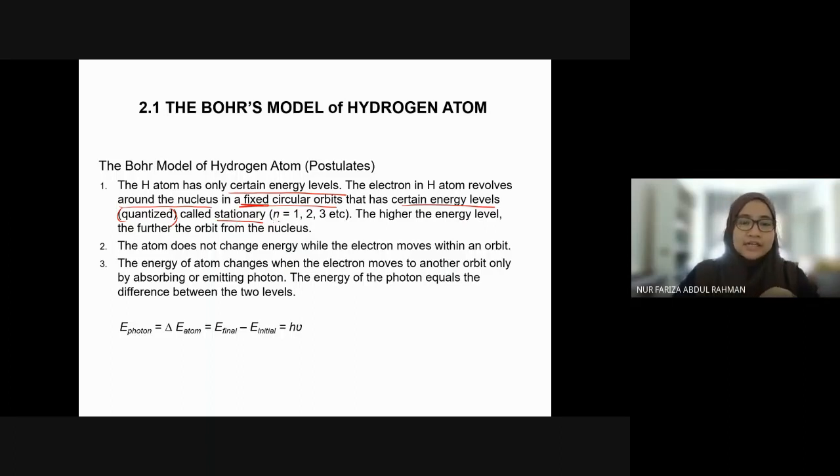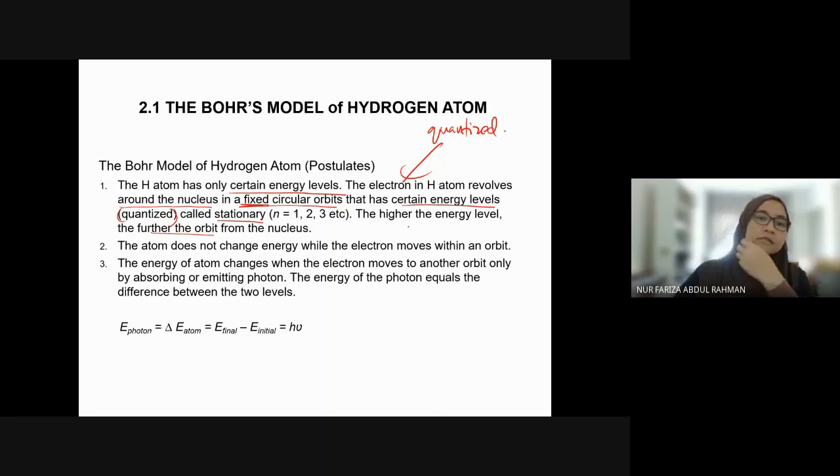So this stationary orbit or energy level can be assigned as n=1, 2, or 3, and so on. So the higher the energy level, the further the orbit is from the nucleus. This is the first postulate. So the highlight here is quantized.